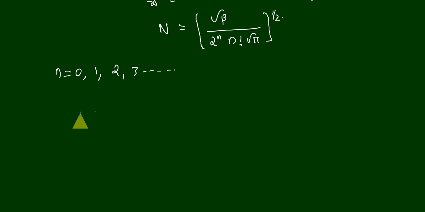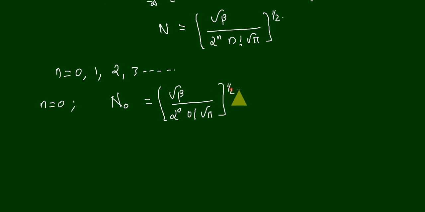Okay, so let us find out for n is equal to 0. For n is equal to 0, we have the normalization factor, that is N0, which is equal to root beta divided by 2 raised to 0, 0 factorial root pi, the whole raised to half. That is equal to root beta divided by 2 raised to 0, 0 factorial, that is equal to 1.